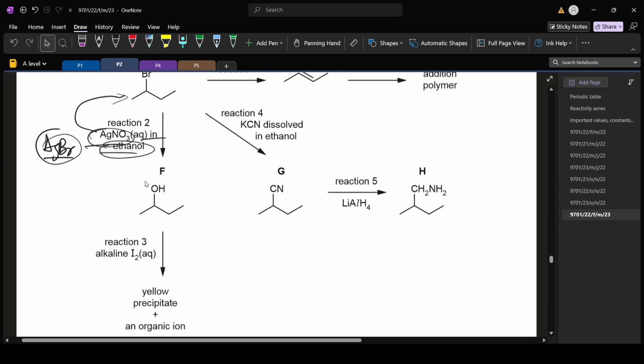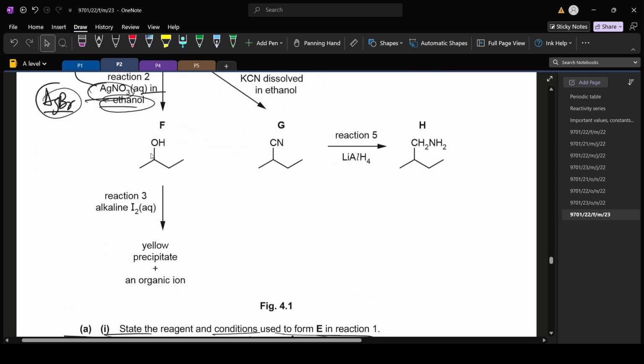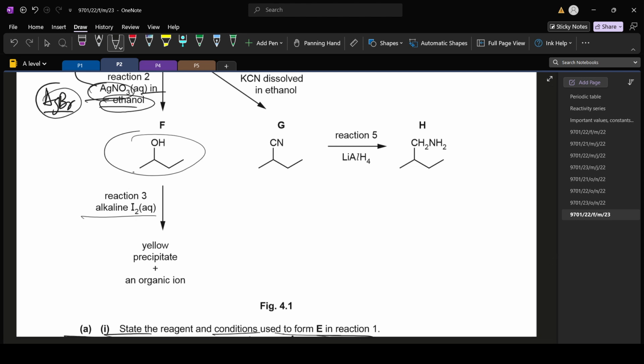Now identify a yellow precipitate and the organic ion formed in reaction 3. Okay, in reaction 3, you have reacted this alcohol with alkaline iodine. So there is a methyl group attached to the carbon which has the functional group attached, so it will form a yellow precipitate, and this yellow precipitate is triiodomethane, CHI3, and the organic ion will be, 1, 2, 3, propanoate.